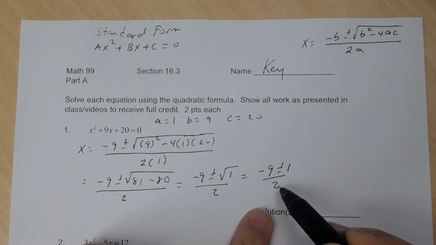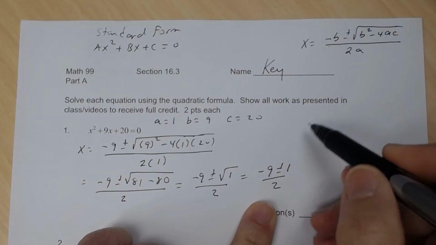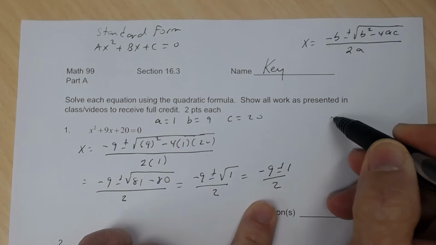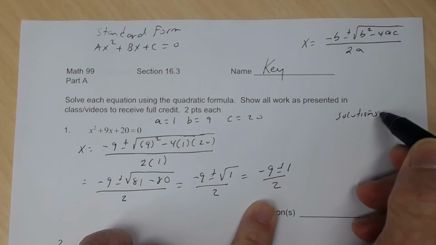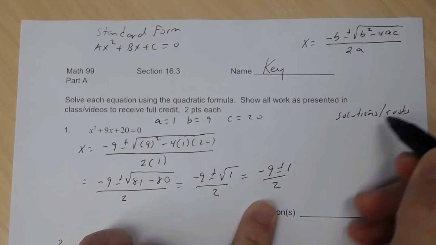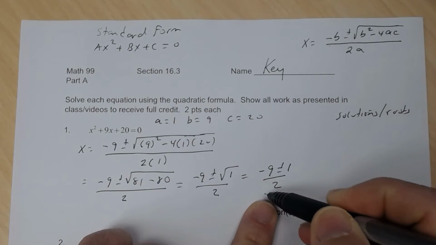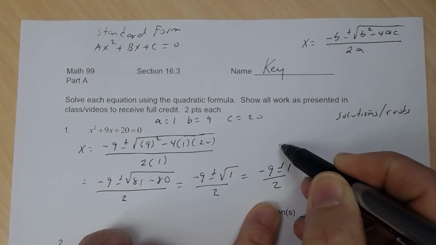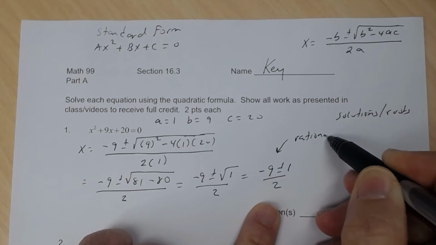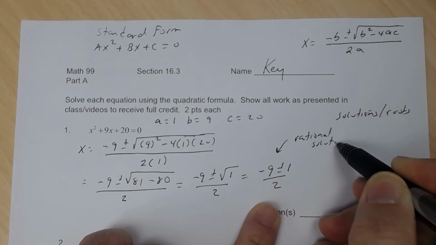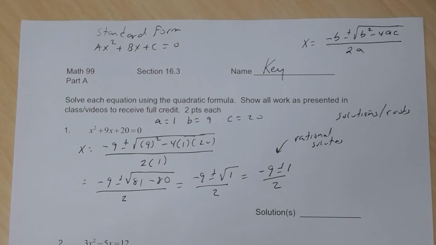All right, at this point, you need to understand that these solutions are roots. So we're using the words solutions and roots, which mean the same thing. These roots, these solutions, are rational solutions. So rational versus irrational.